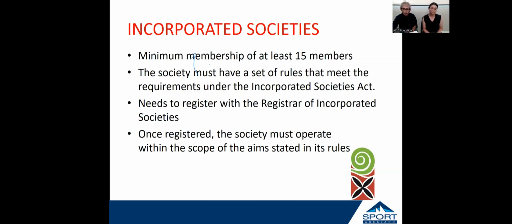Probably the most important thing is to outline your objects and purposes. That really sets the boundaries of what the group will do into the future. This is the same with charitable trusts. You really need to do a bit of future gazing as to what you think the organisation will be doing in the future, as well as at the time it is set up.